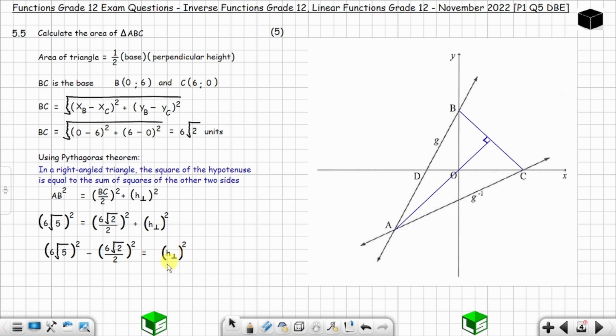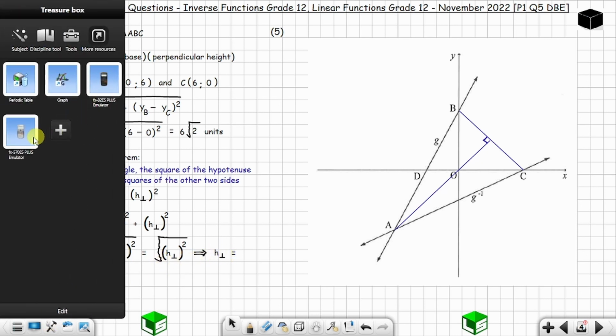What you can do is take the square root on the right and the square root on the left so that you can get rid of this square. Now you have the perpendicular height, and you can plug this in your calculator.